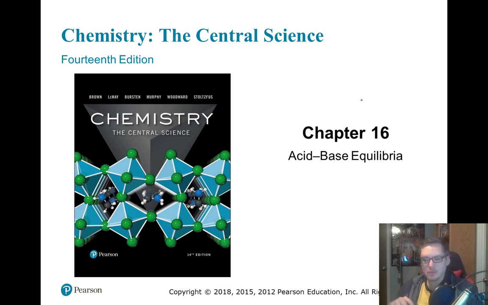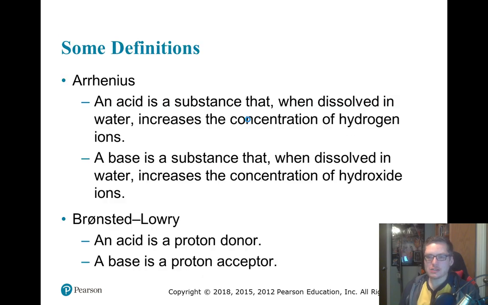And so in this first couple of slides, we're gonna talk about two prevalent definitions of acids and bases. These are probably review from your previous chemistry courses, so we'll go through them really fast. If you need more of a refresher, check out my Chem 1 series when I talk about acids and bases.